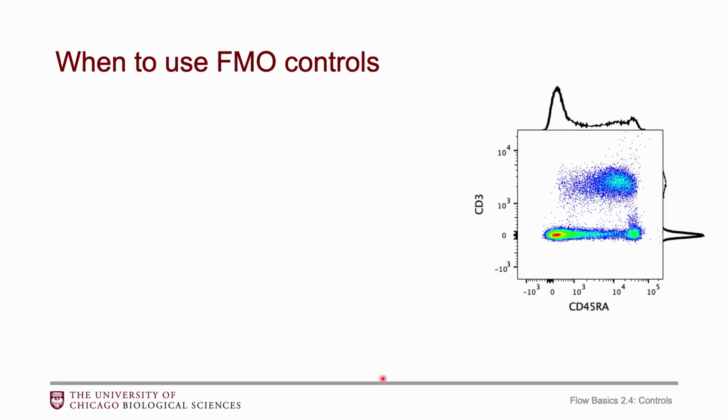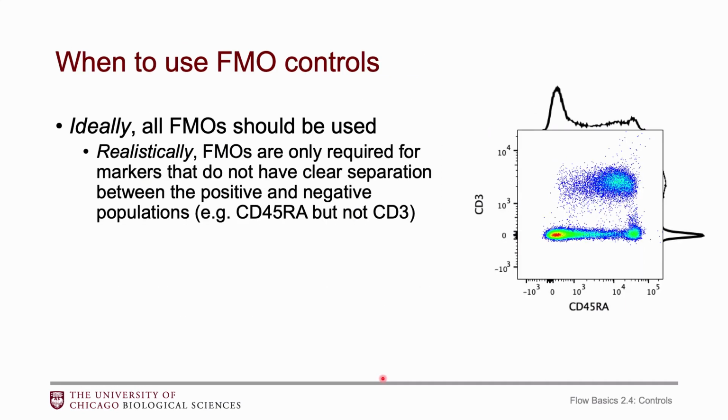Now, when would you want to use these controls? Again, ideally you want all of them, but oftentimes that's hard to do. So if you don't want to run an FMO control for every single color in your panel, the first place to cut them is the markers that have primary expression.